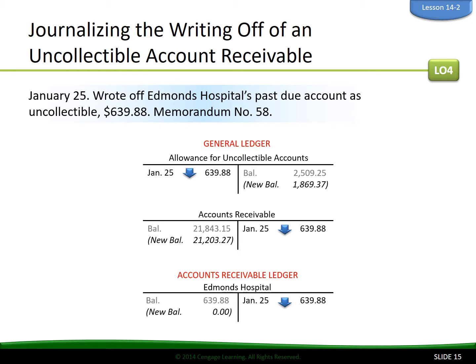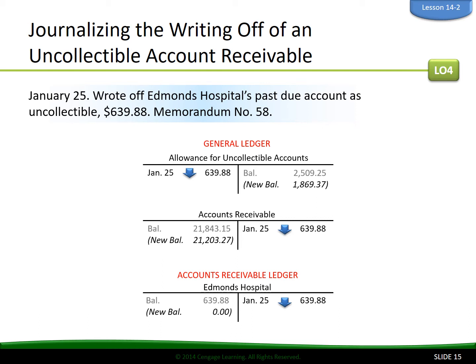In the allowance for uncollectible accounts, date January 25th, down $639.88. On the right-hand side of the T account, the new balance would be $1,869.37, which is the difference of $639.88 and the balance.